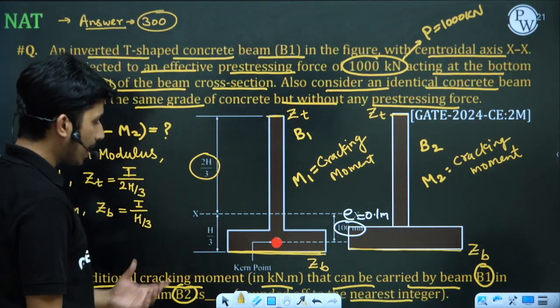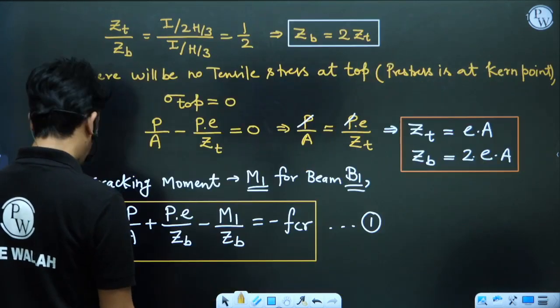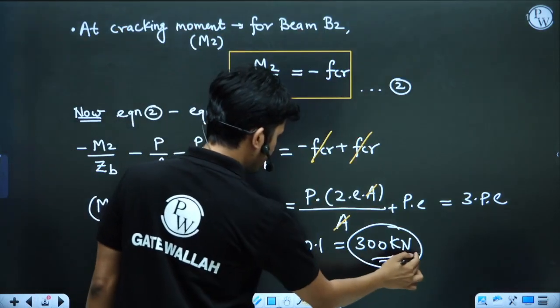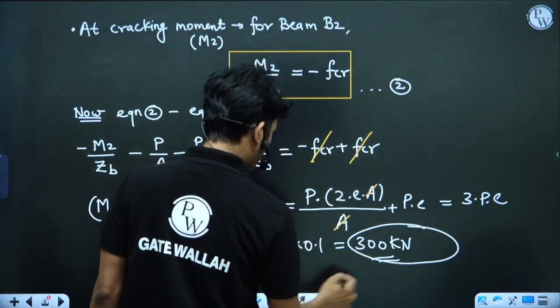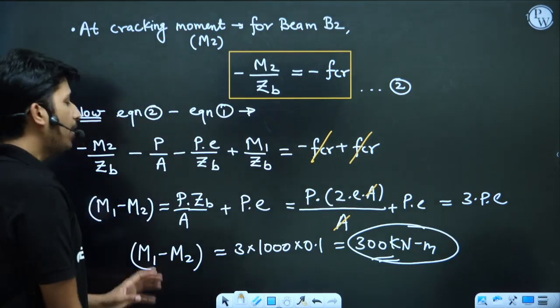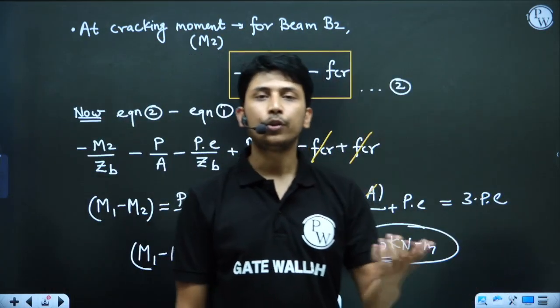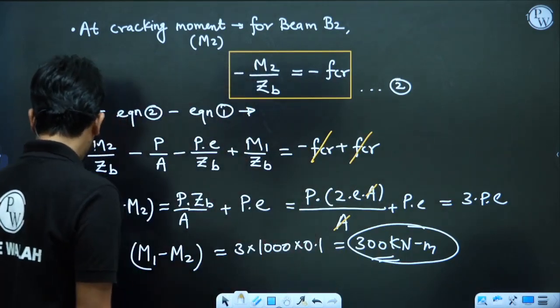The unit is kilonewton meter, sorry, because P into e is there, and this is a moment. So 300 kilonewton meter will be the answer. They have given the range 299 to 301, so you have to give 300 as the answer.